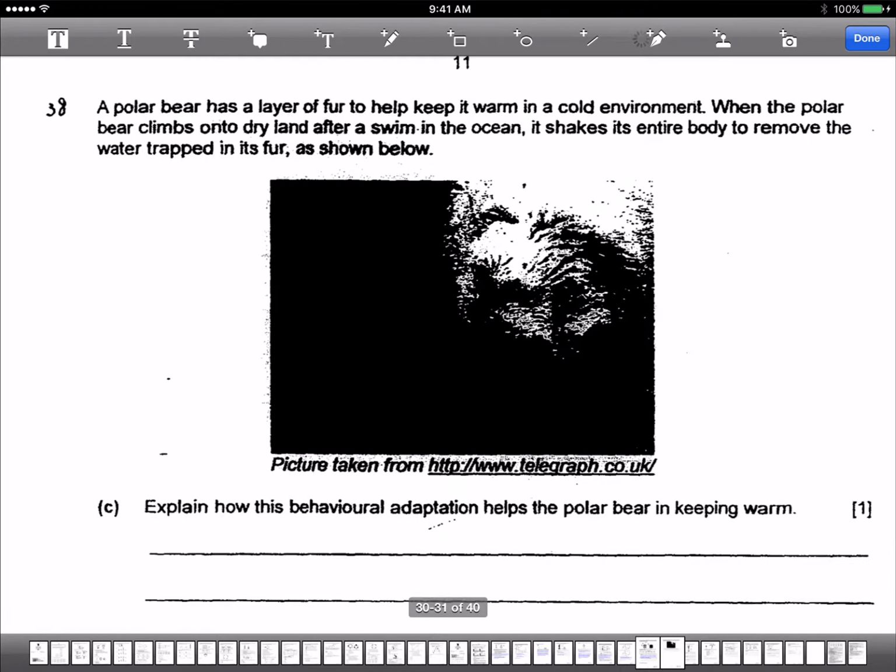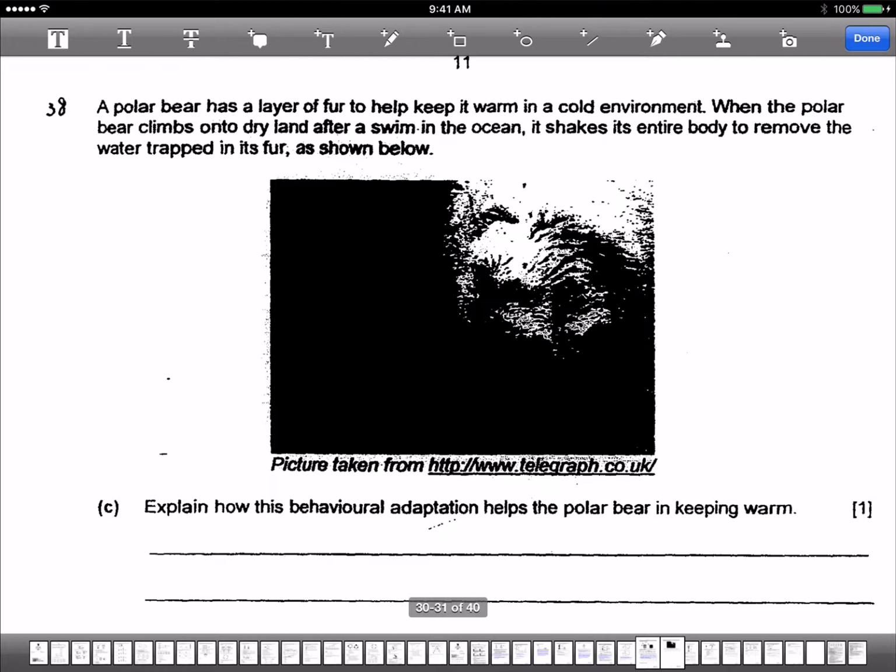Abraham Lincoln. Okay, so when a polar bear climbs onto dry land after a swim, it shakes its body to remove the water trapped in its fur, as shown. Now, why does it keep the polar bear warm? Why must it remove the water in its fur?